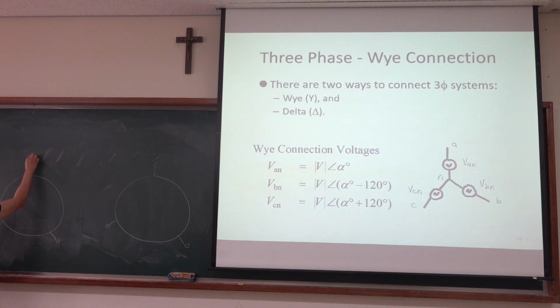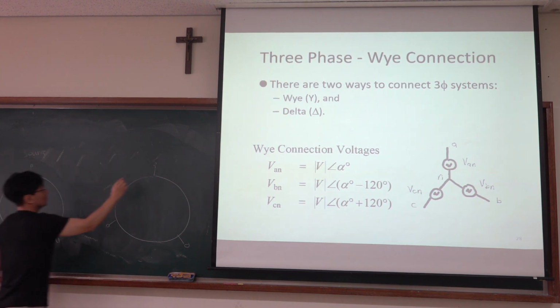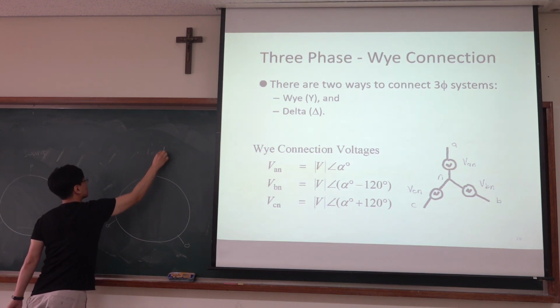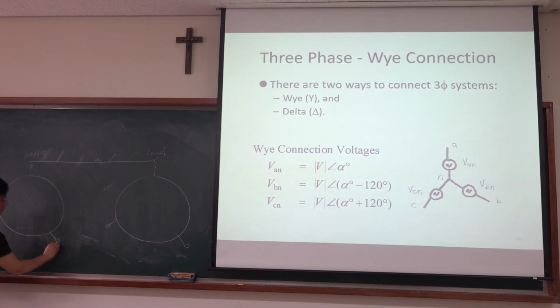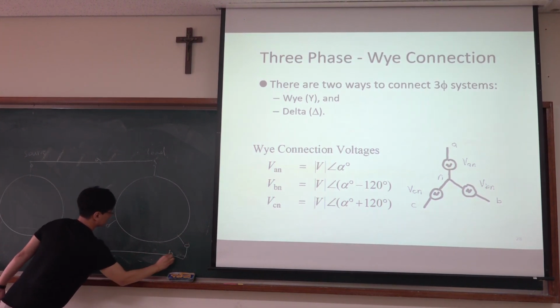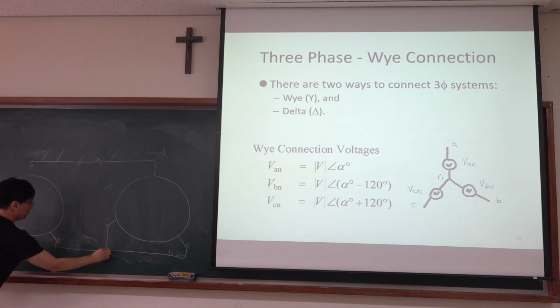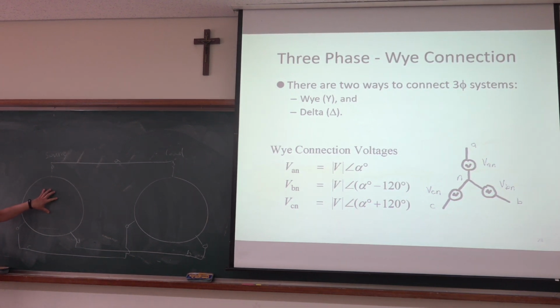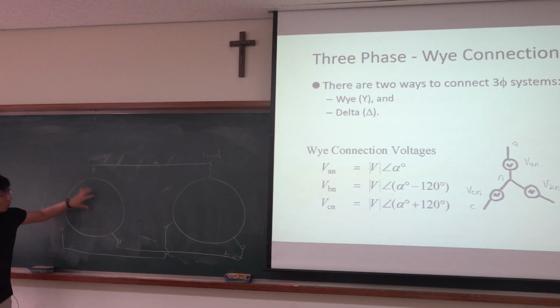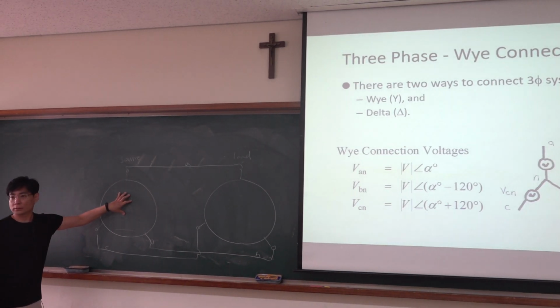This is a source. This is a load. And three-phase system. So phase A, B, C, A, B, C, A, B, C. Generator and load. And inside here, you can either use Y connection or delta connection.